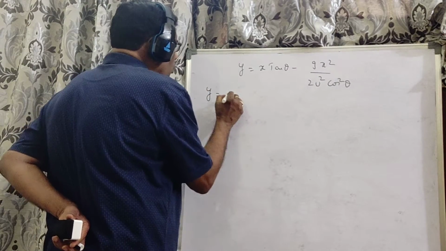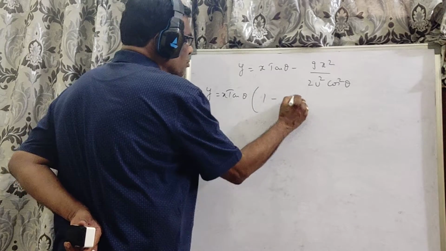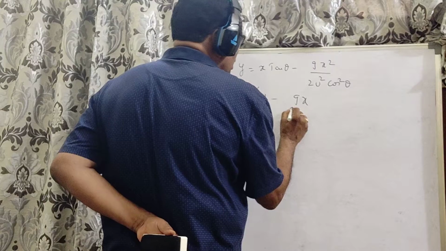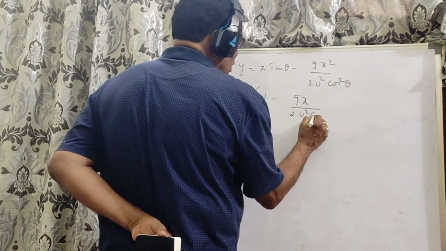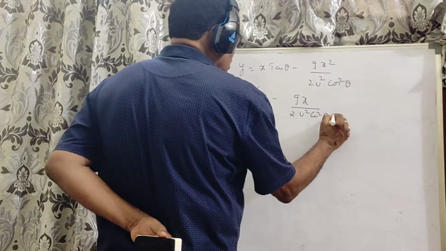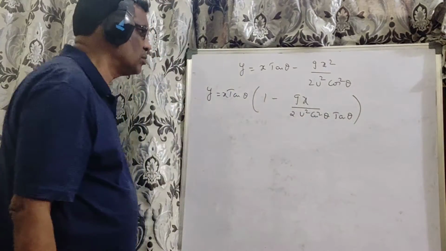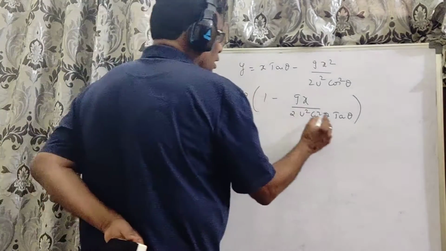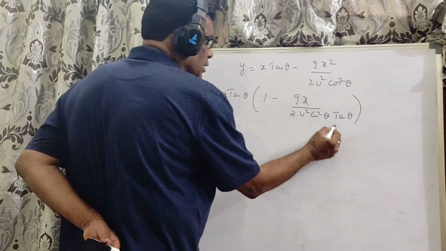Y is equal to, if I take x tan theta common, gx by 2 u square cos square theta tan theta. Tan theta will be in the denominator. Okay? X tan theta. Now this will be sin theta by cos theta, one cos theta gets cancelled.